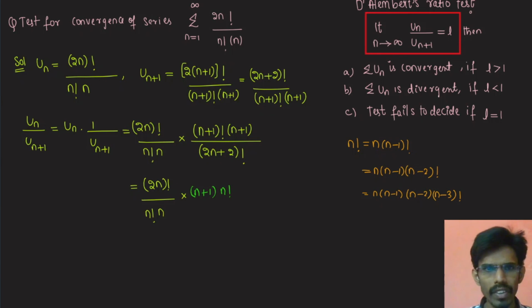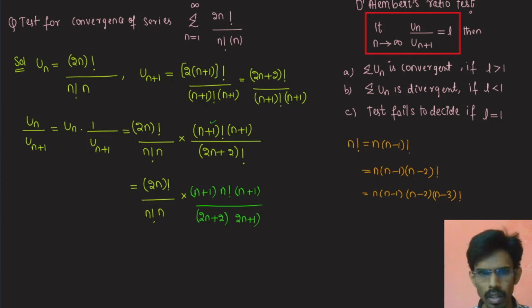So we have reduced this (n plus 1)! to n plus 1 into its lower value, n!, into n plus 1, upon this (2n plus 2)! can be written as 2n plus 2. Reduce this by 1, so we have 2n plus 1, again reducing by 1 will give us (2n)!. This step is very important.